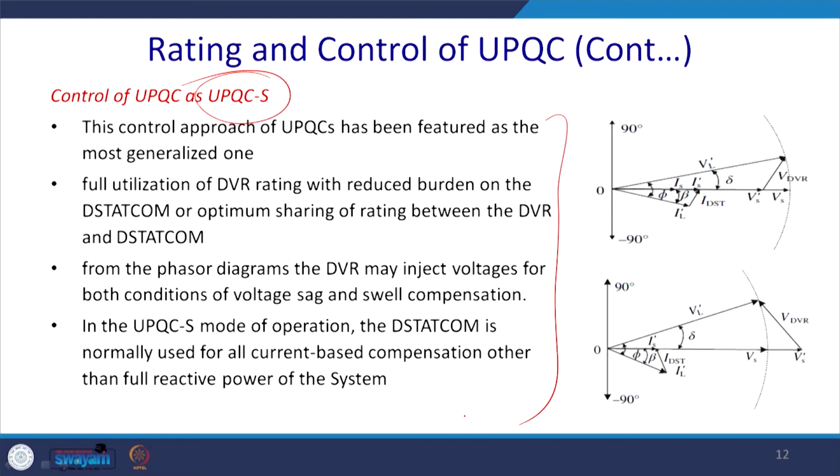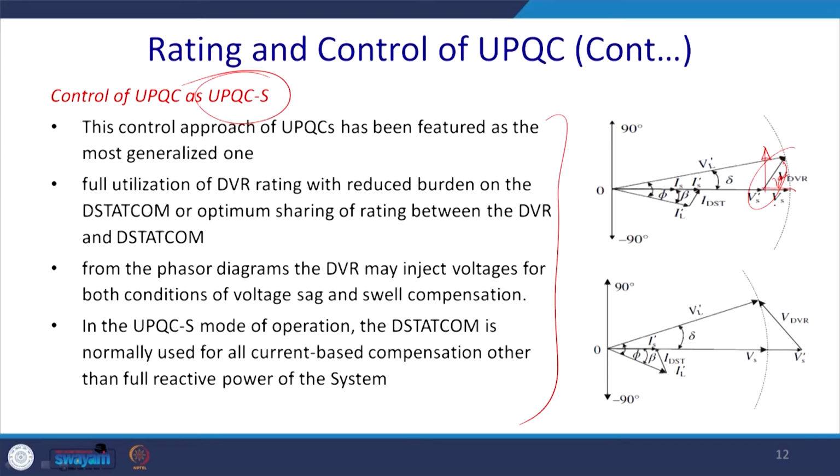We have already discussed this, because if you want sag compensation, instead of compensating in phase as in case of the P or in quadrature, you can inject the optimal angle by choosing the effective utilization of the DVR and your D STATCOM rating. So, both will be optimally loaded.